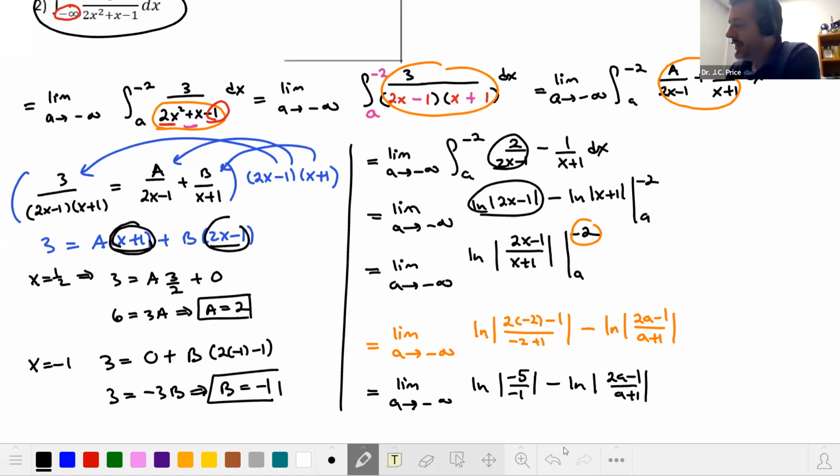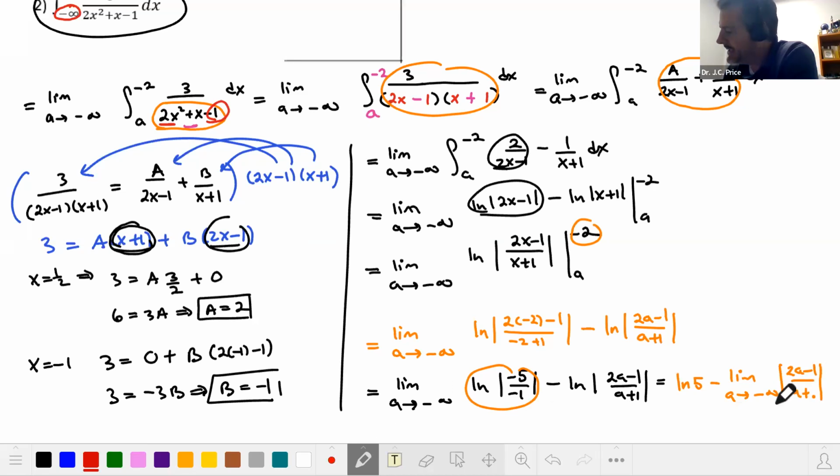And now if you want, I can run the limit through this thing. When you run the limit through this, that's just ln of 5. And then minus, now I'm going to keep the limit on here, so I have the limit as a goes to negative infinity, and we have to talk about what this is going to be equal to. Then I have 2a minus 1 over a plus 1. And so we talked a little bit about this in class.